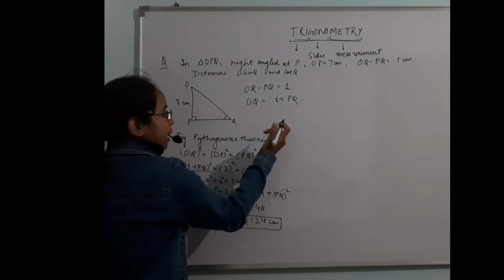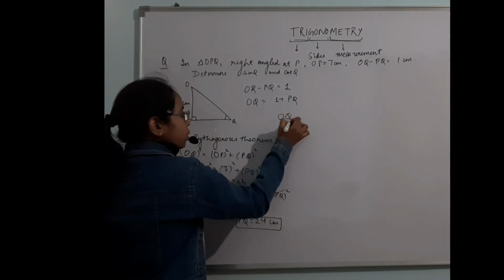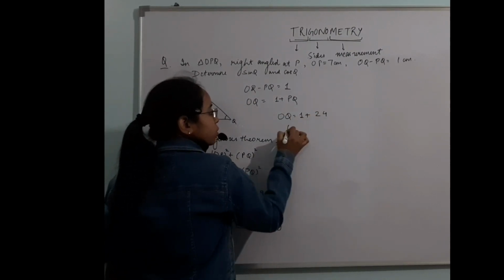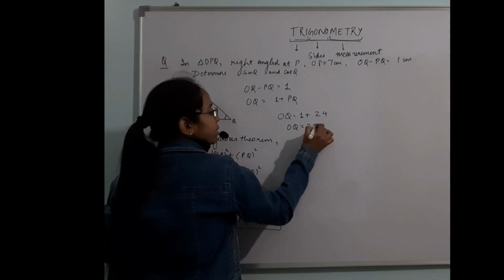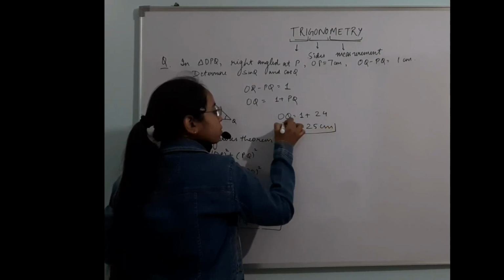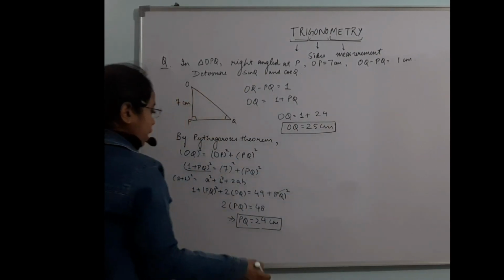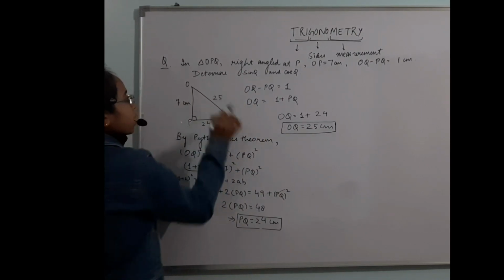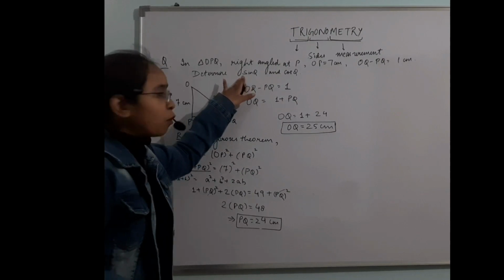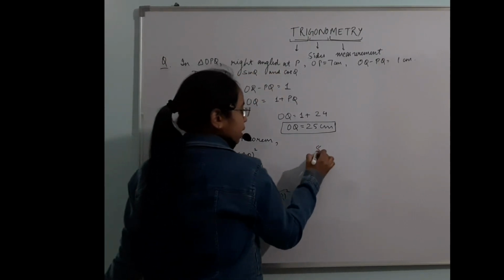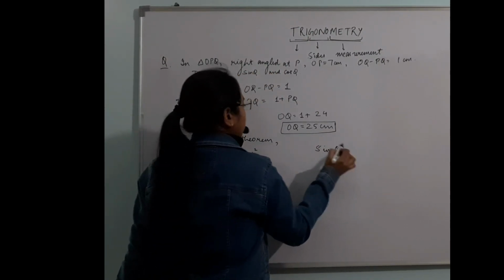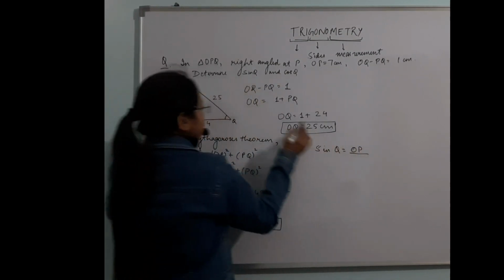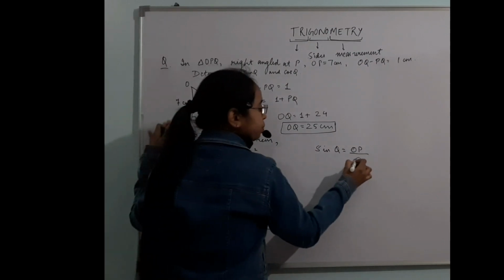Now we can find the value of OQ as well. OQ is 1 plus PQ. PQ is 24, so our OQ is 25 centimeter. Now we have PQ 24, OQ 25, and we are required to find the value of sin Q and cos Q. Sin Q is perpendicular upon hypotenuse, perpendicular OP upon hypotenuse OQ.